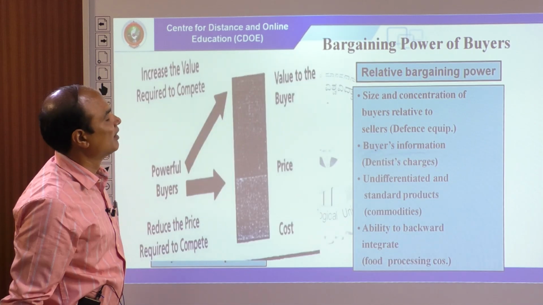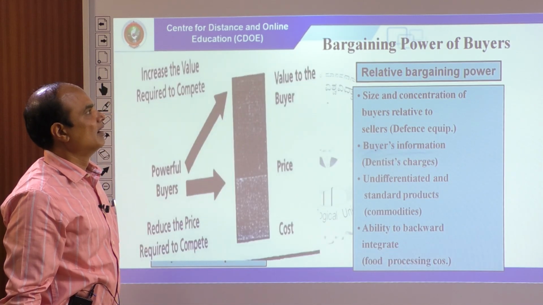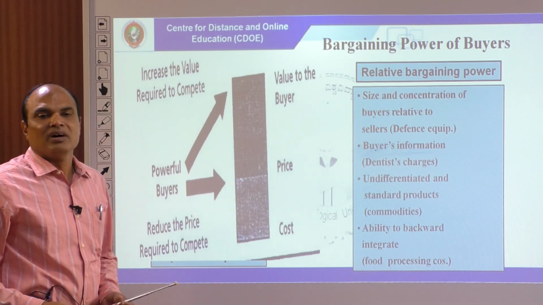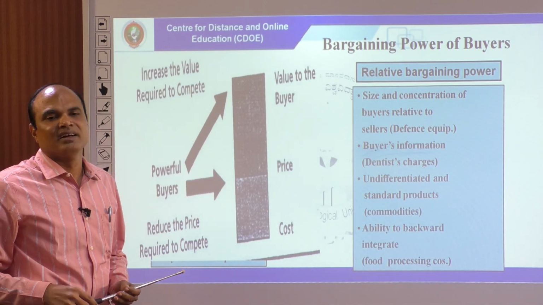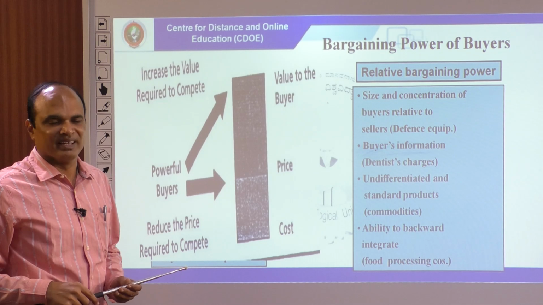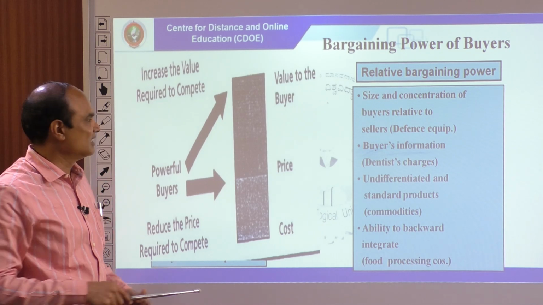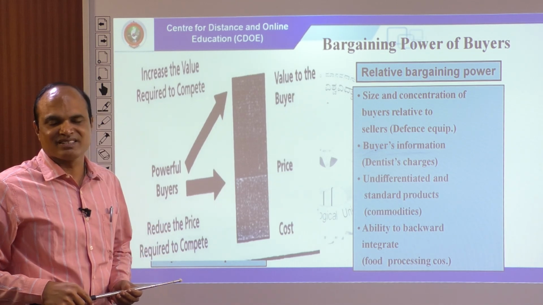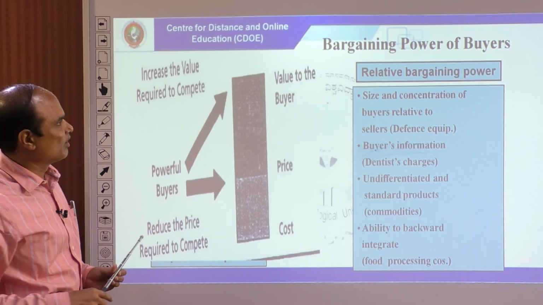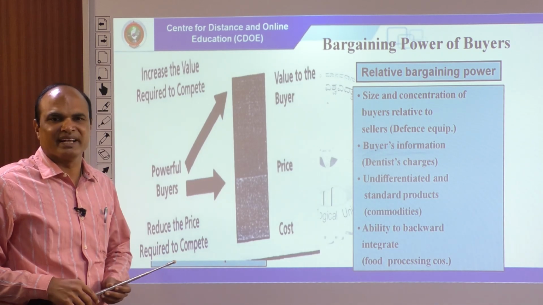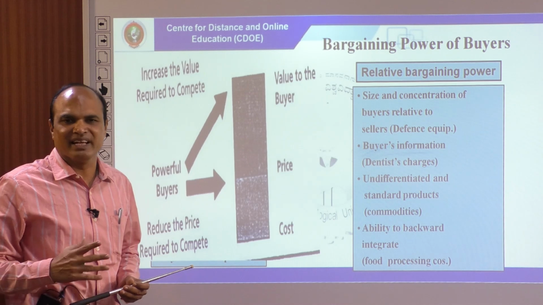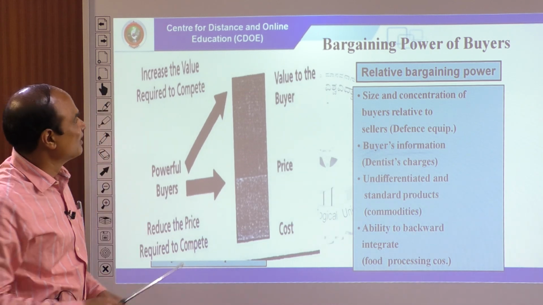Now let us understand the bargaining power of buyers. It is on the vertical axis of the model. So we have two forces here, the bargaining power of buyers and the bargaining power of suppliers.